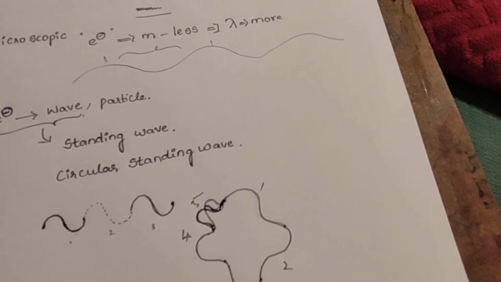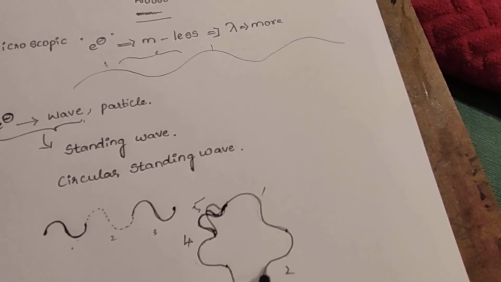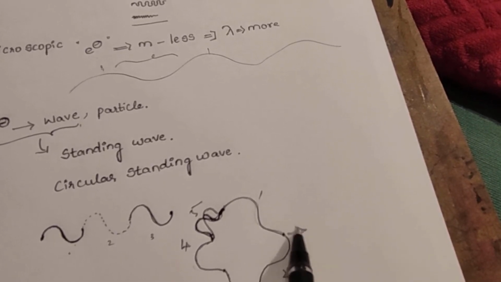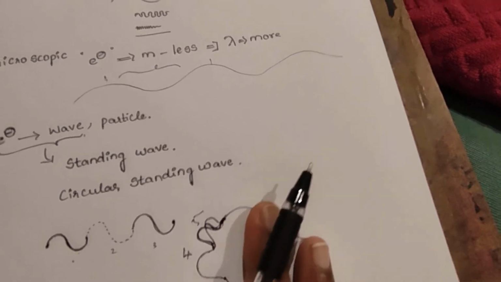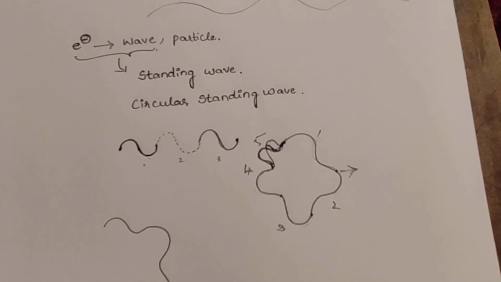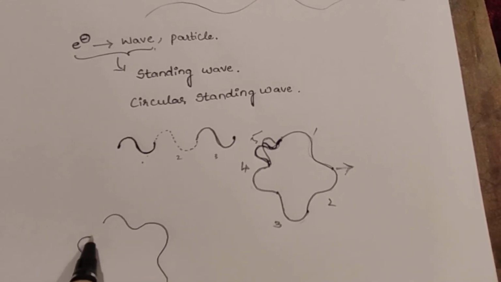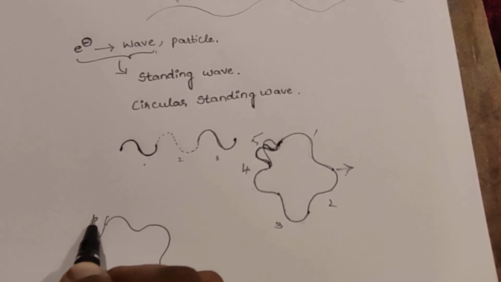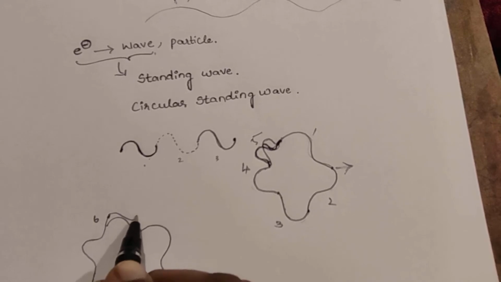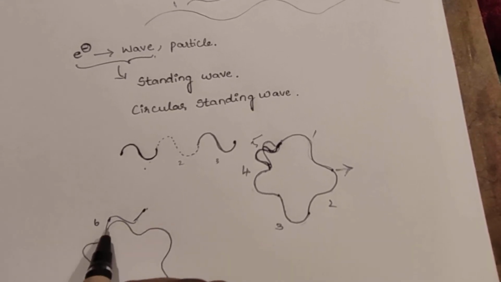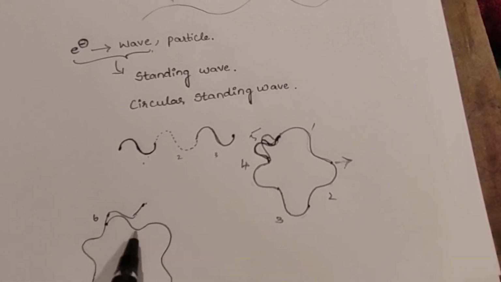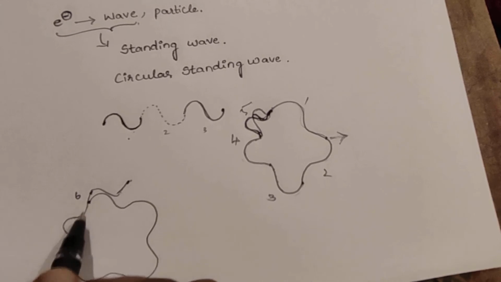If this is a circular standing wave, then there will be no superimposition and the wave exists. So suppose the sixth wave starting is here like this, but this ending is not overlapping with the starting of the first wave, then it will not give a standing wave.